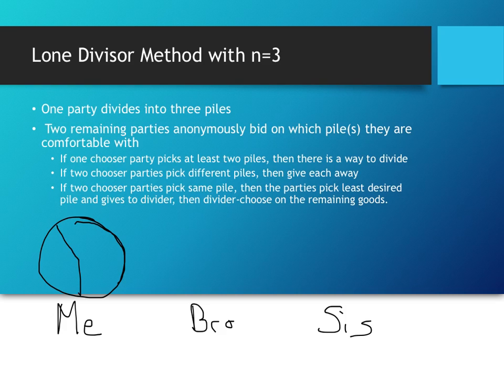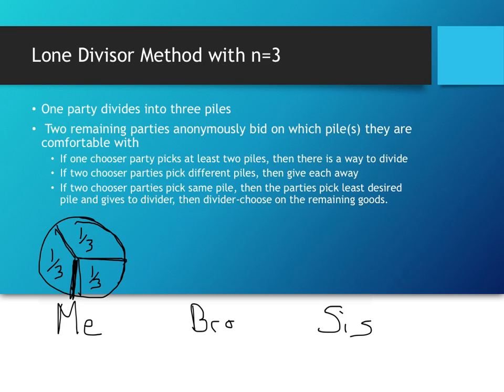Now, just like we saw in the divider-chooser method with 2 people, what you're going to be sort of compelled to do is to divide these in thirds from my point of view, okay? Because the brother and the sister are going to pick 2 of these piles.